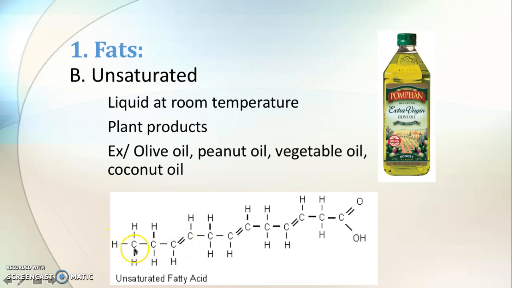So this actually leads to a chain that's got some bends in it. Okay, so it's got some bends. And this is one of the reasons why it's liquid at room temperature. It's because the molecules themselves cannot pack together as closely because they are more bent and kinked. It's harder to get them nicely packed up and close together to form a solid.